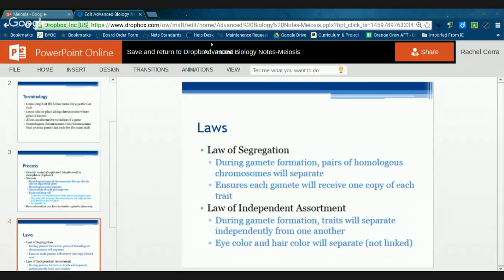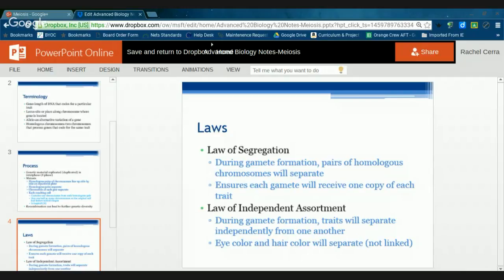That would imply that they're linked, because you're not splitting apart the individual chromatid. So that makes sense that if you have a couple of genes located on the same chromatid, they're obviously going to be linked together. However, what that is saying is that genes on different chromosomes won't be linked.